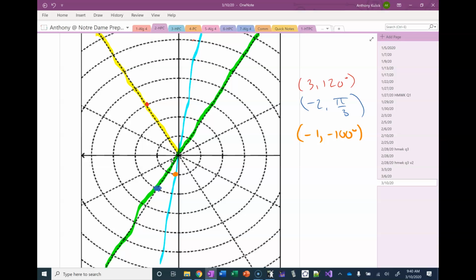Oh shoot. All right, I lied. Hold on a second. So here we're negative 100, right, is down here. But now we're going up because we're going the opposite direction, yes. Yeah, so that is a little sneaky.